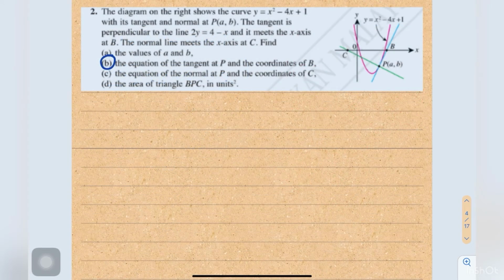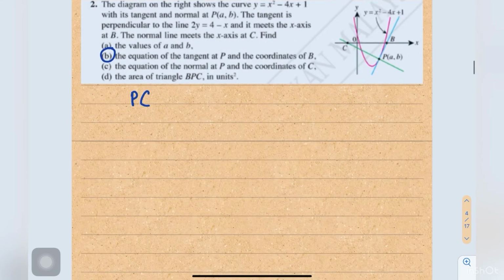Then to B, find the equation of the tangent at P and the coordinates of B. Tangent at P, so we need the value of coordinate P. Just now we already have A and B, so P is 3, -2. So equation of tangent, y equals mx plus c.